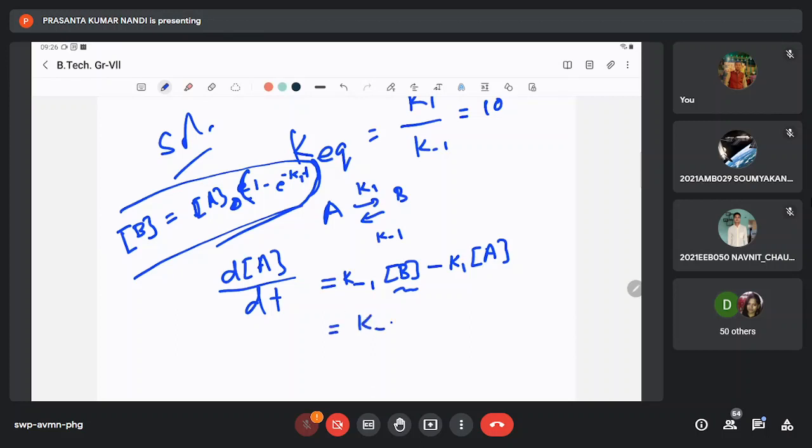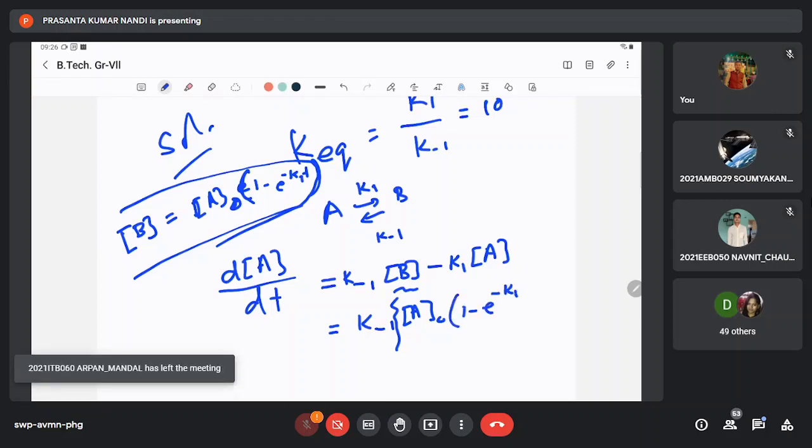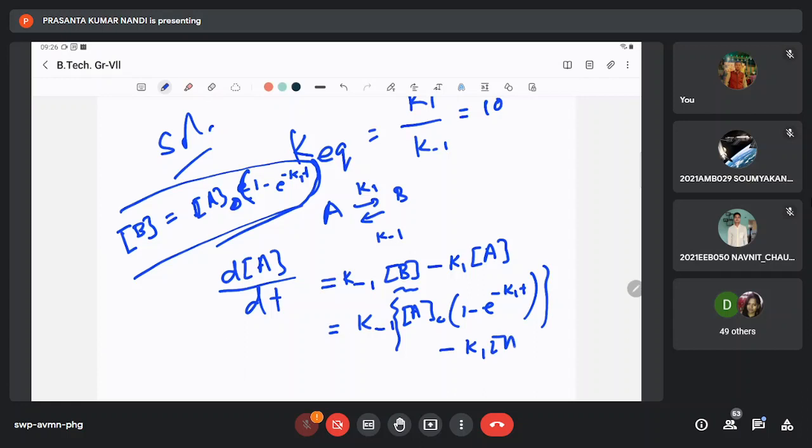Say k minus 1 A zero. Just I'm writing k1 A zero into 1 minus e to the power minus k1t, okay, minus k1a.